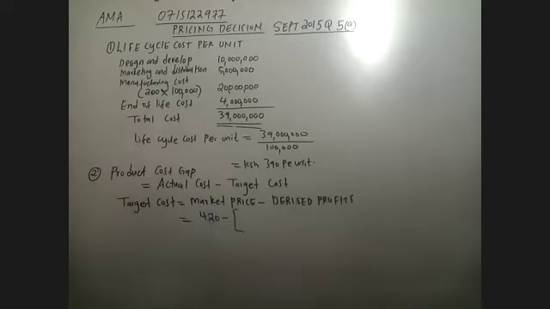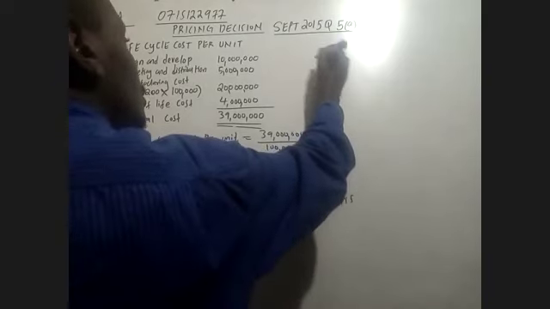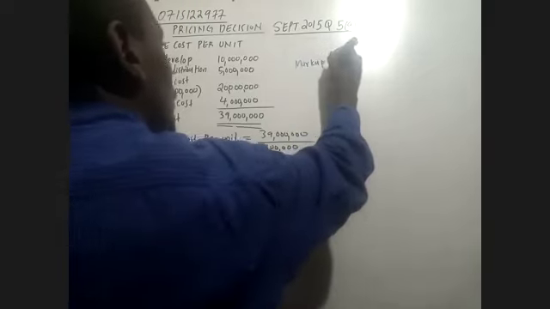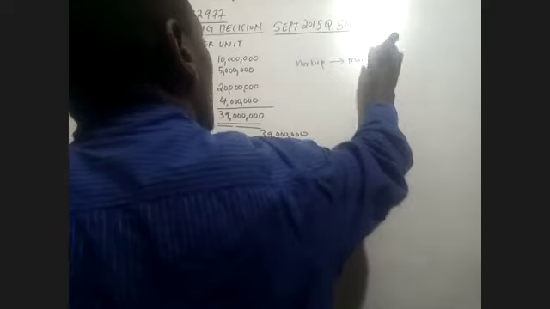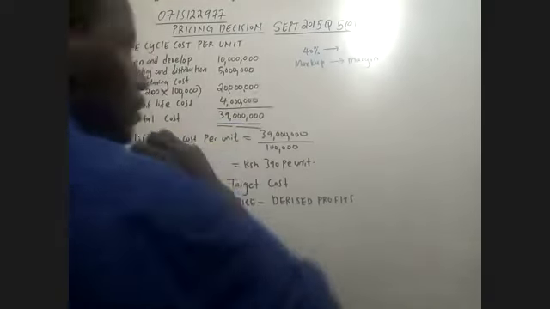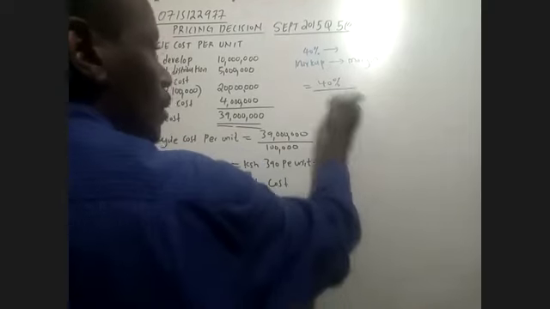Moving it to the other side, it will be minus 100,000 Y, which equals 12 million minus 22 million. That is minus 100,000 Y equals minus 10 million. So what will be the value of Y?